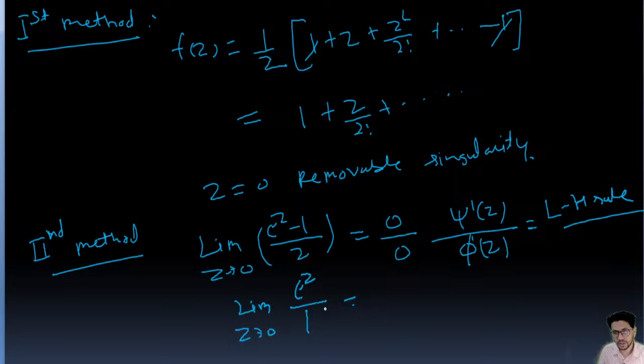Now we put z equal to 0, so 1 upon 1, that is 1. So it means a finite value exists.